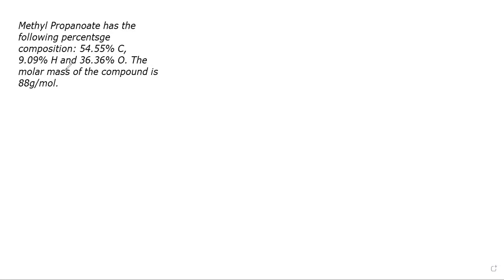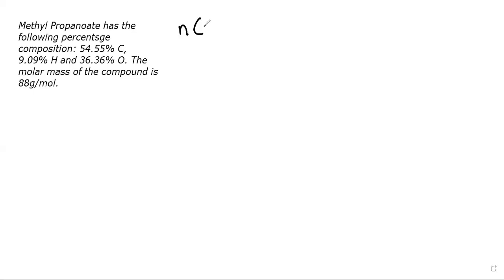So what are we going to do? We tell them that in a 100-gram sample of this methyl propanoate, we are going to have 54.55 grams of carbon, 9.09 grams of hydrogen, and then 36.36 grams of oxygen, so that we can calculate the number of moles for each.